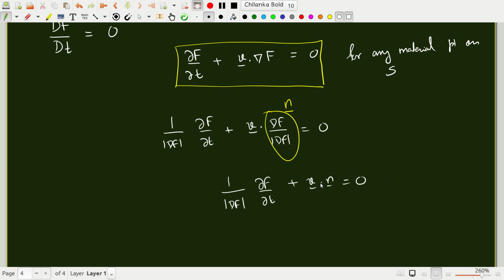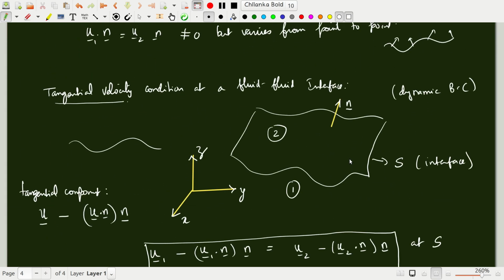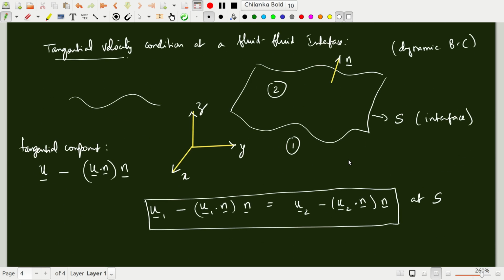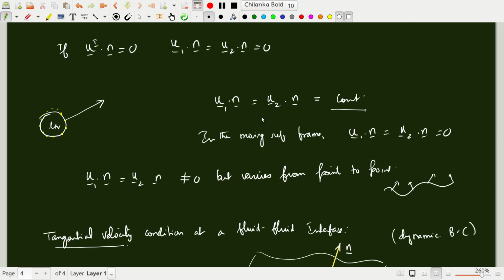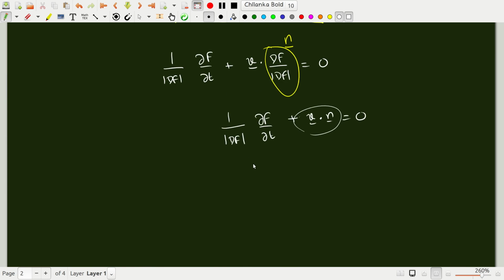So what this is saying is that v dot n, if we know from the previous discussion we just had, I'm sorry, I'm flipping the symbols for velocities between u and v, but I hope you get the idea. So if you see u dot n, if it's a deforming interface, it can change from point to point. That's what we discussed.